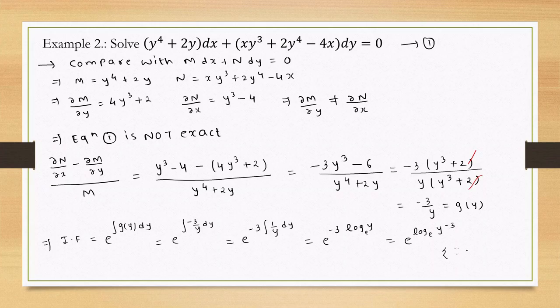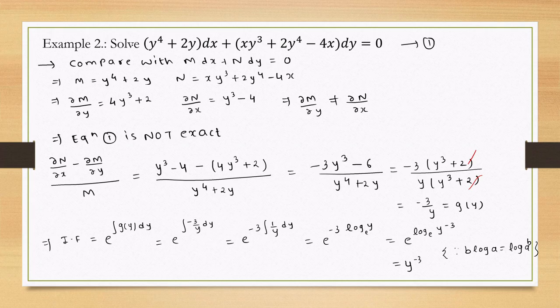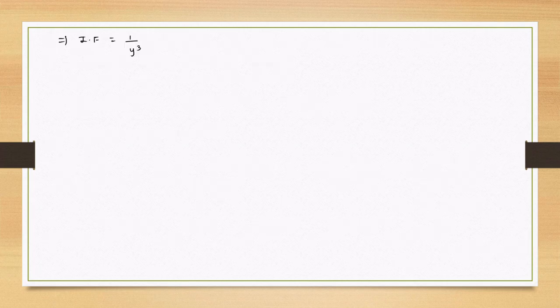Now since we have b log a is equal to log a raised to b, e and log_e get cancelled. So this is y raised to minus 3. So this implies the integrating factor is equal to 1 upon y cube. Correct? y raised to minus 3 is 1 upon y cube.